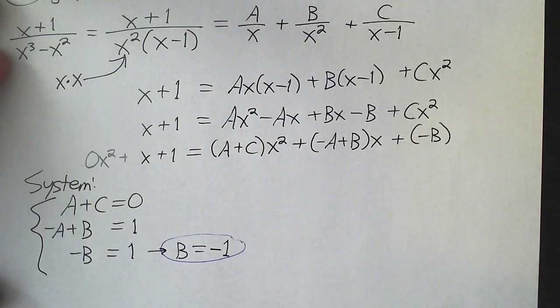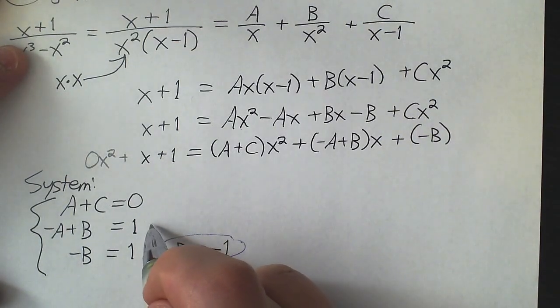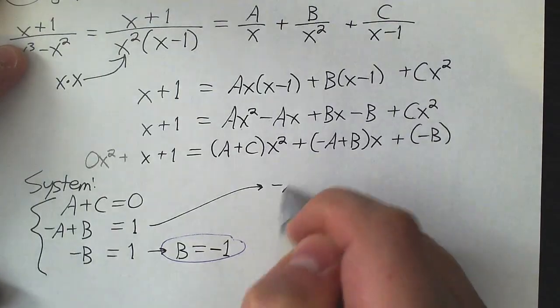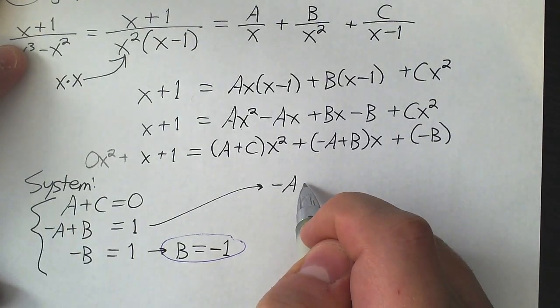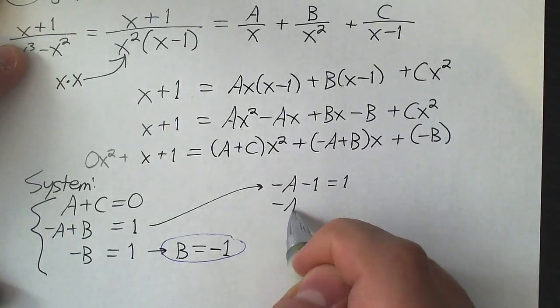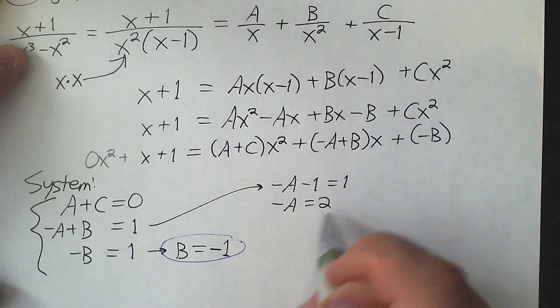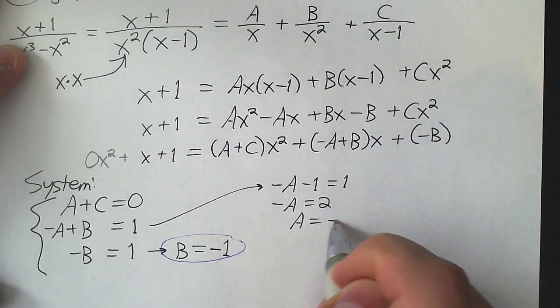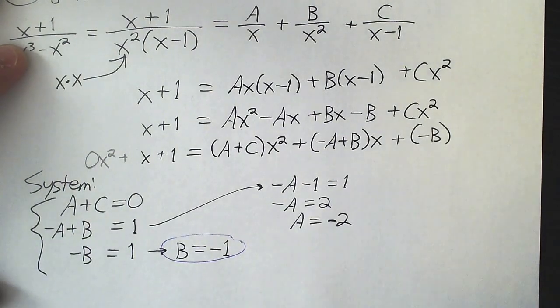There's b. Then maybe I'll use this one and say minus a, there's b, so a is -2.